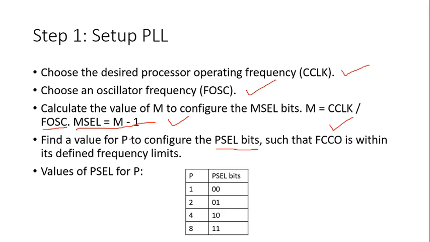So for PSEL bits, what is the value of P? Just remember that when PSEL is 0, 0, P is 1; 0, 1, P is 2; 1, 0, P is 4; and 1, 1, P is 8. So for the 4 combinations of 2 bits, it will be 1, 2, 4 and 8. These are the 4 options available with the divider.